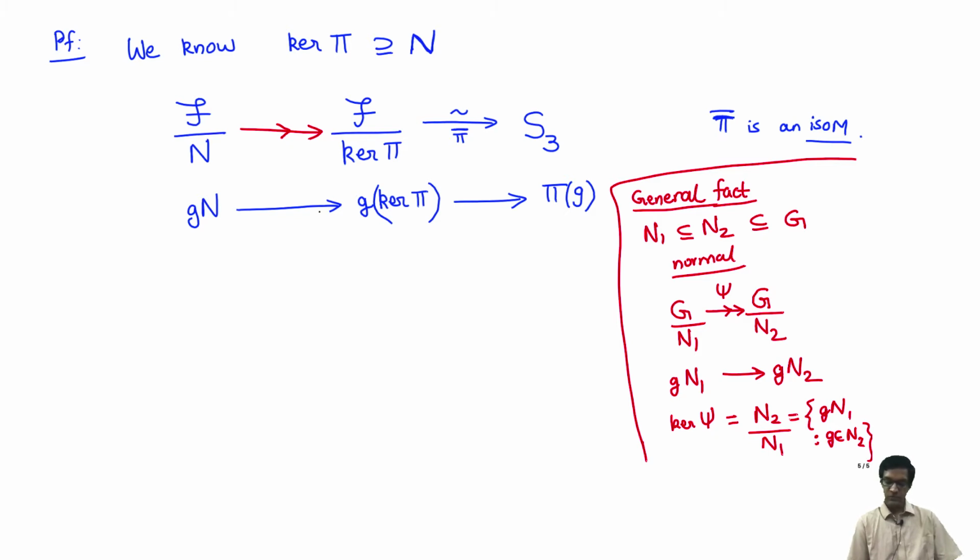So I have managed to get a homomorphism from f by n which surjects onto S3. Let's call this psi. So this map now, which goes from f by n to S3, is just pi bar composed with psi, and is a surjective homomorphism.